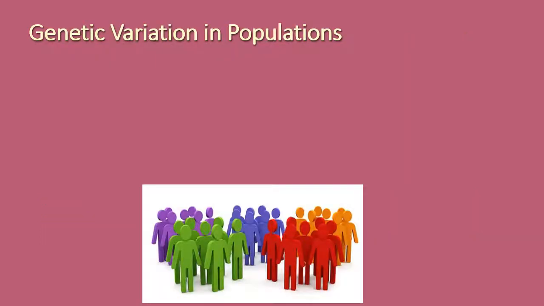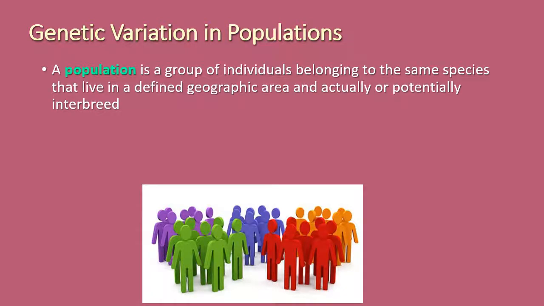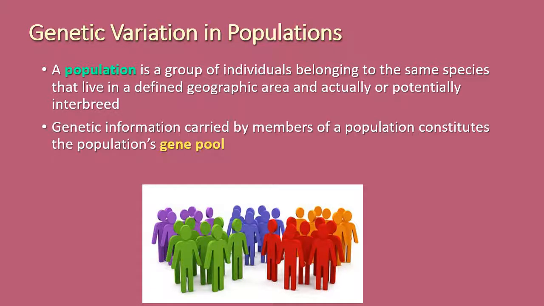So let's first talk a little bit about genetic variation in populations. A population is just a group of individuals that belong to the same species that live in a defined geographic area and mate. All the gametes that are being produced by all these individuals in the population constitute the population's gene pool.